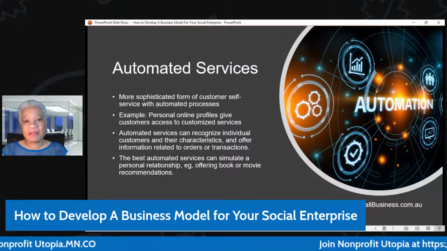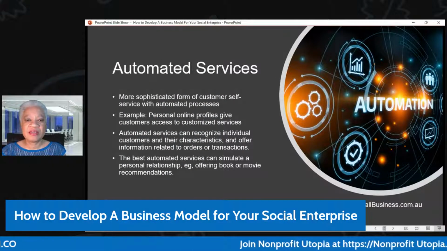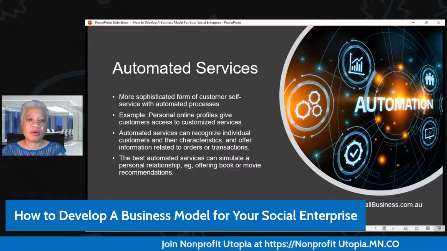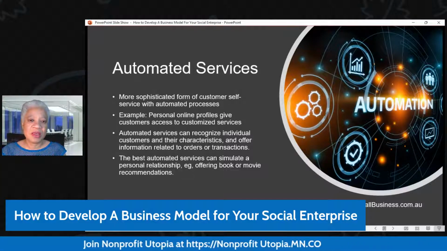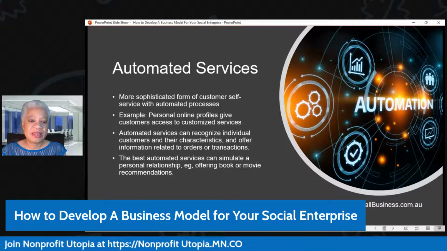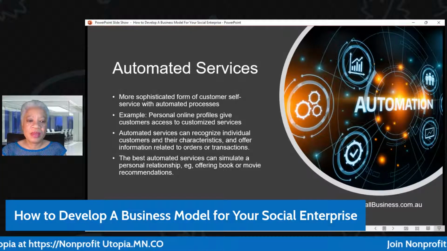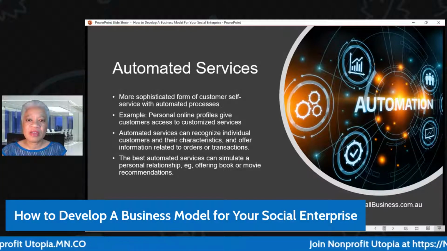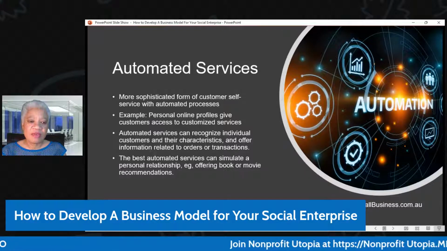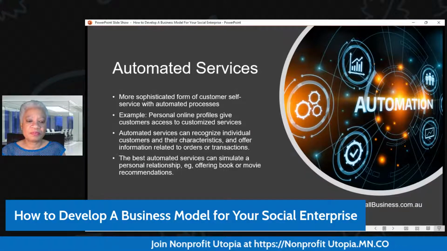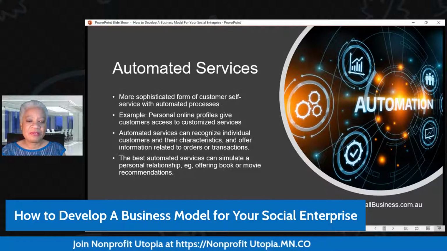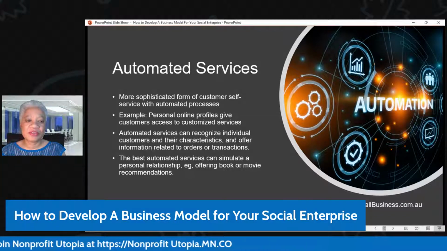And then you've got the automated services where everything is done through automation. It's done by a computer. And this is really a more sophisticated form of customer self-service. And for example, you have a personal online profile that gives customers access to customized services.